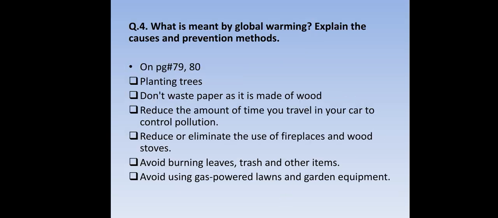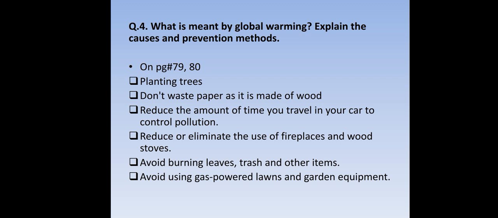Then question number 4: what is meant by global warming? Explain the causes and prevention methods. We have studied this in detail, and you can also find on page number 79 what global warming is. Global warming is the constant rise in the Earth's surface temperature due to the absorption of heat from the sun. As more heat is absorbed, the planet gets warmer and the entire Earth's climate changes.